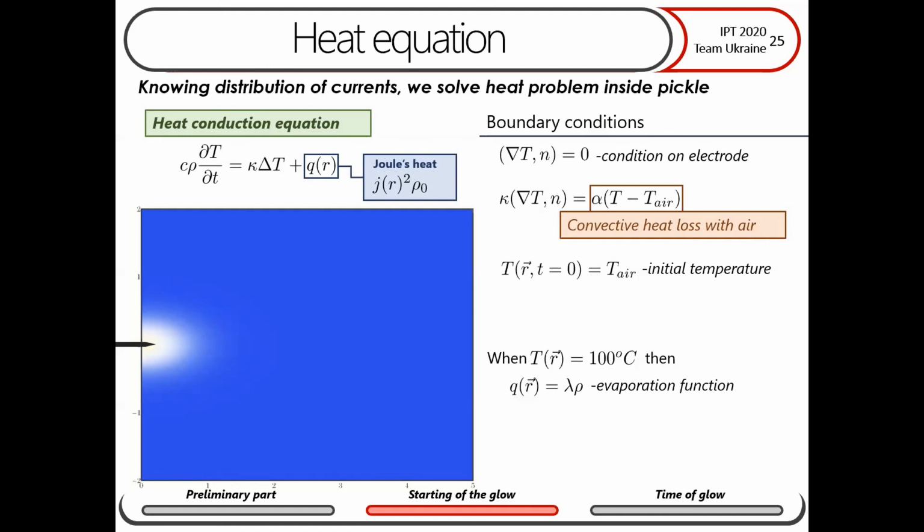But what about the theoretical part about the heat equation, and what about the boundary condition in your electrical setup? How can you measure these parts in your experiment? Temperature distribution, indeed, we cannot determine in the whole pickle.